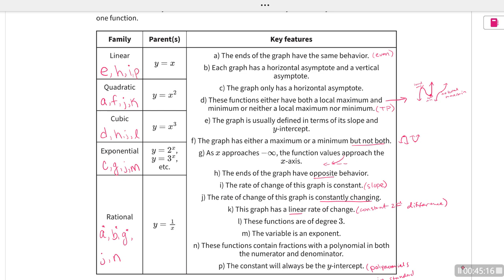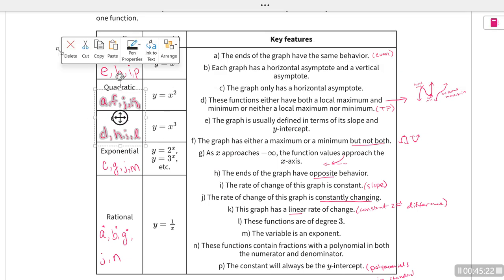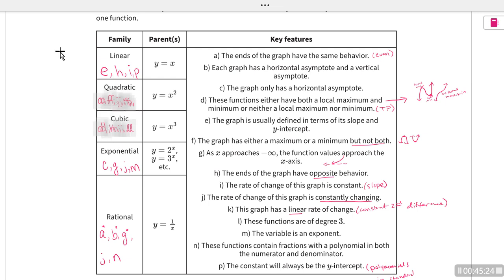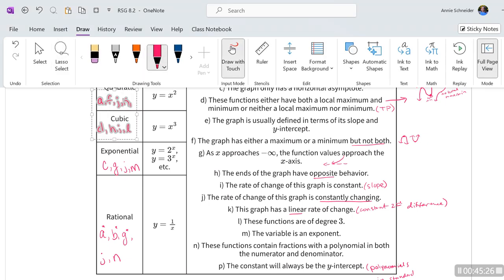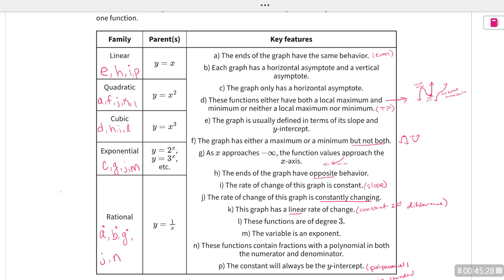Linear is a polynomial. This is also true for quadratics, often called the C value, right? mx plus b, so we're thinking the b value here. This is ax squared plus bx plus c, we're thinking the c value. And it's also true for cubics as well. So it's going to be true for any type of polynomial.